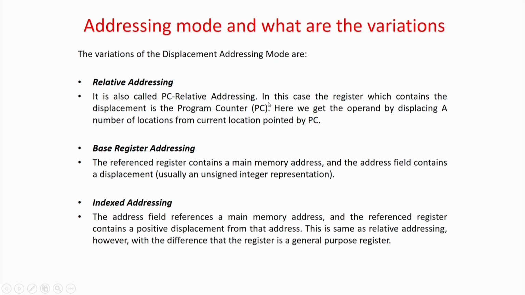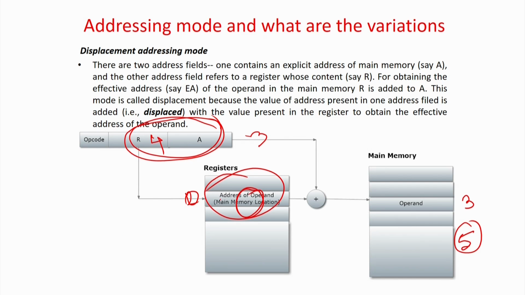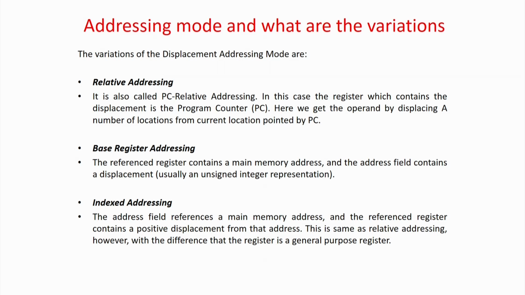It is also called program counter relative addressing. In this case, the register actually contains the PC. In relative addressing, where the displacement is present is the program counter. So, generally, we get the operand by displacing a number of locations from the current location pointed to by the PC. That means the effective location is obtained from the content of the PC, that is where the PC is pointing, you add it to A and then you get the displacement where you have to start.